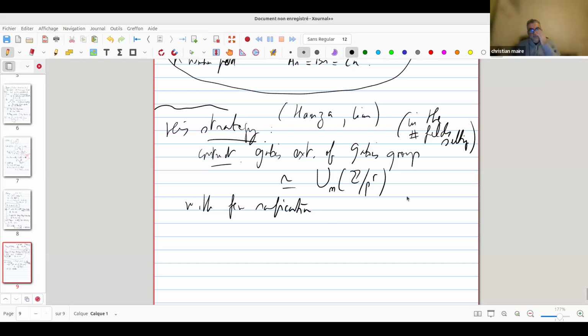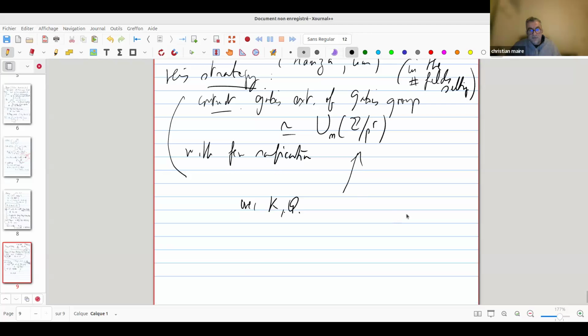In fact, we should have in mind that if you want to construct this extension over a number field K or Q, if we follow the proof of Christian, the size of the set of ramification is huge.